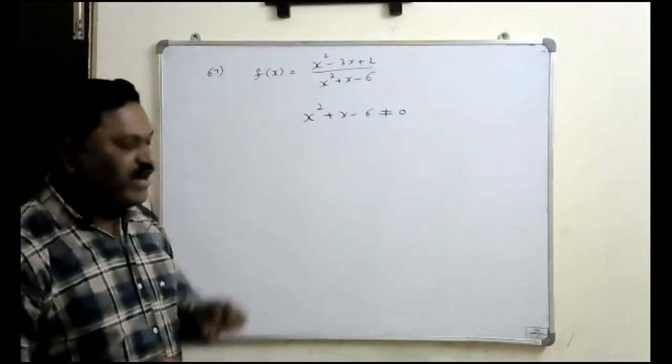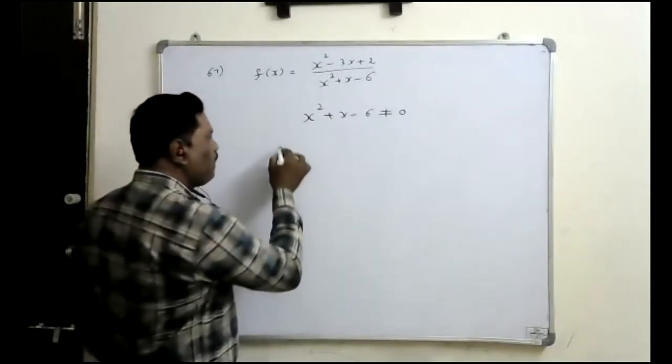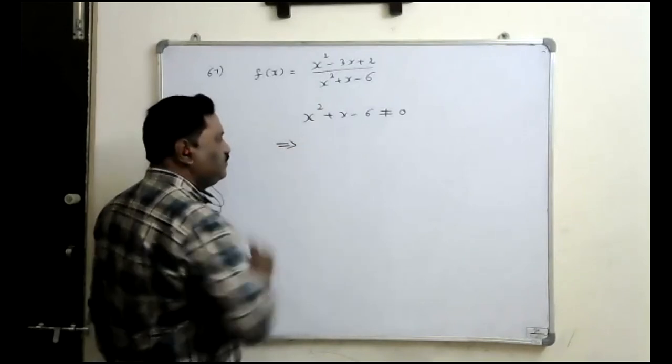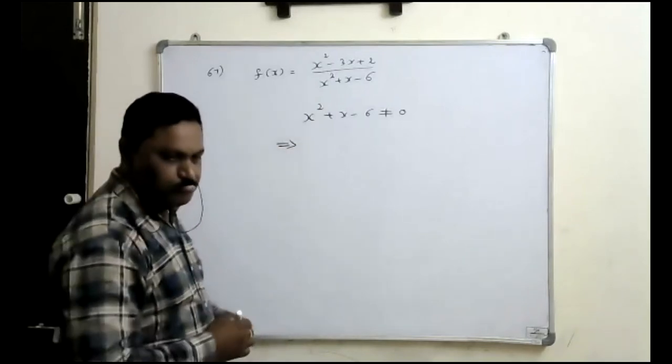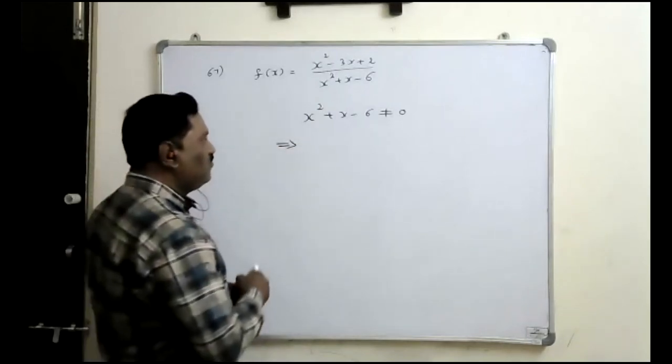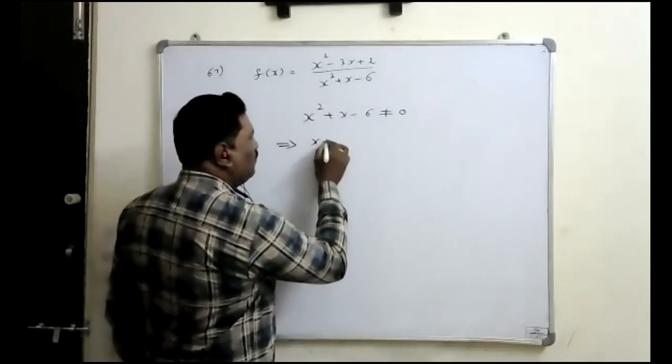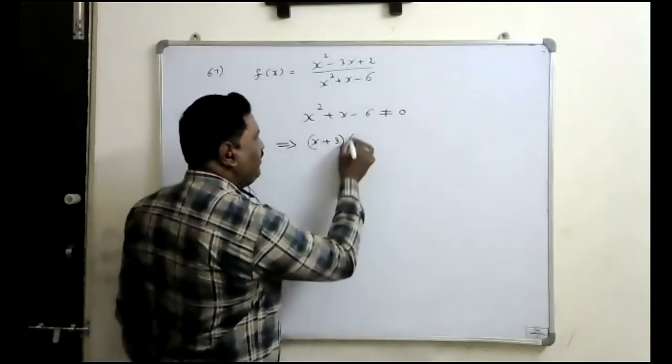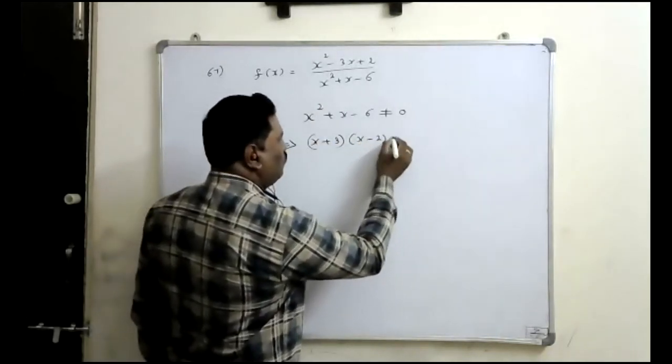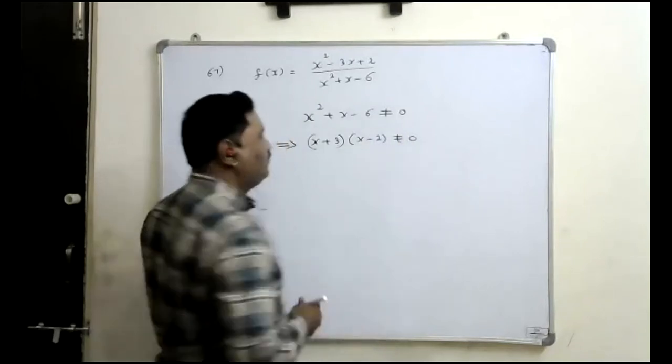This is the condition you have to consider. Okay. Now tell me what are the factors of it. The factors क्या होता? 3 and 2. x plus 3, x minus 2. Good. x plus 3, x minus 2 not equal to 0.